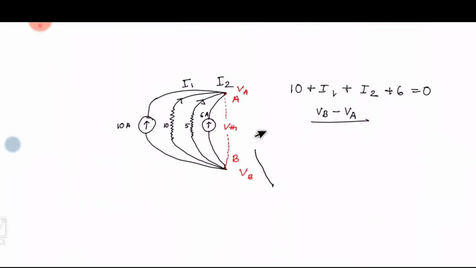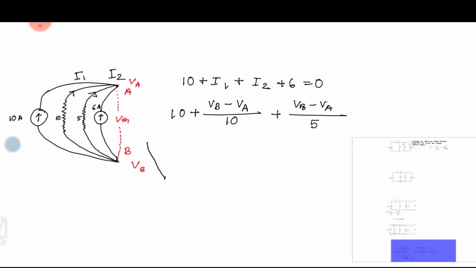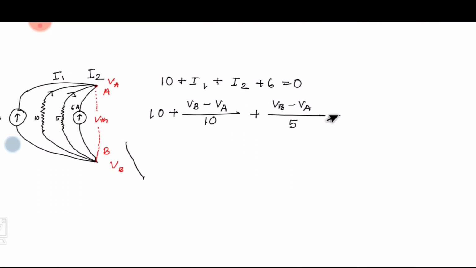Here the resistance is 10. And I2 is again from B to A, so it would be VB minus VA divided by the resistance, here 5. The source term stays as it is, and the 6 is added as it is, equals 0.